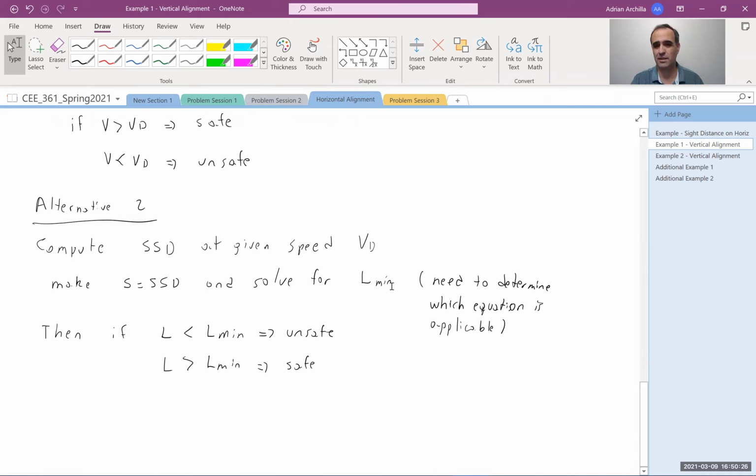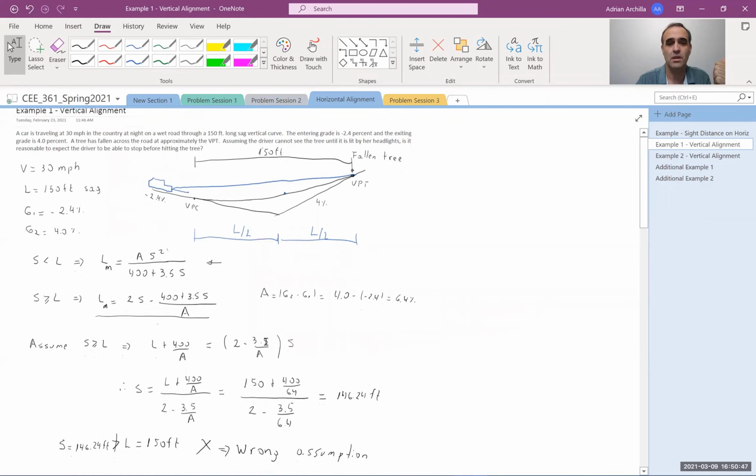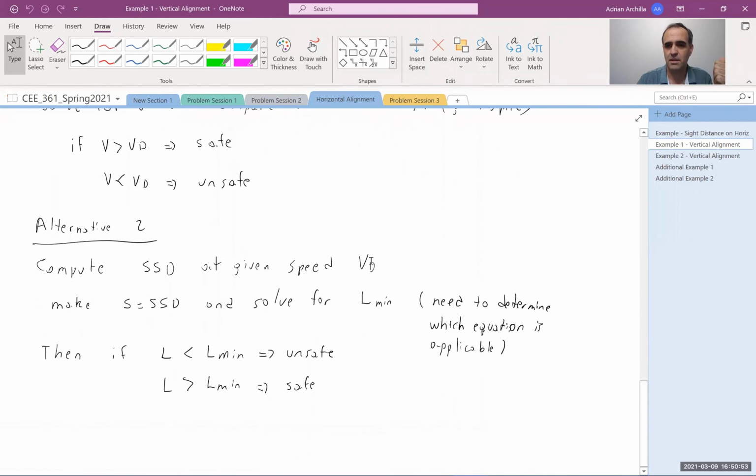And I solve now for L from the equations. And again, I still need to find out which case is correct, right? But the important thing is that I solve for what the minimum length of a curve would be, and I have a given length. Remember, we started the problem here, in this particular example, the curve is 150 feet long. So if I get that for that design speed, the minimum length of a curve that I should have to drive at that design speed is greater than the length of the curve that I have, that means that my curve is unsafe, right?